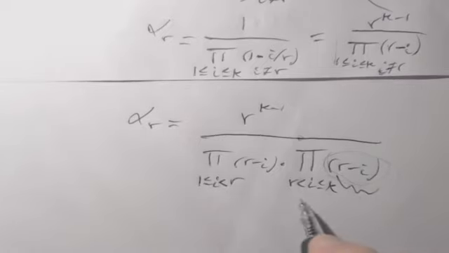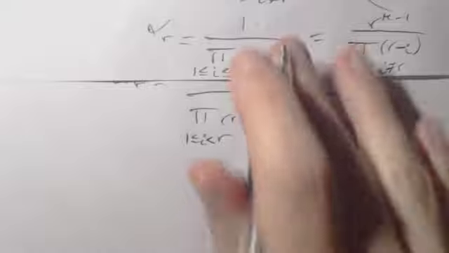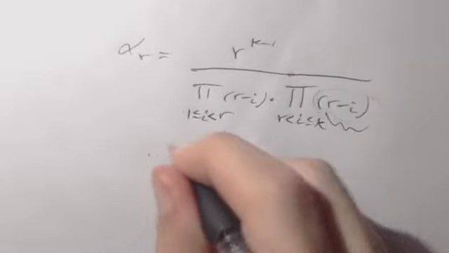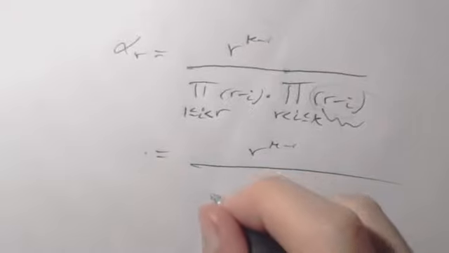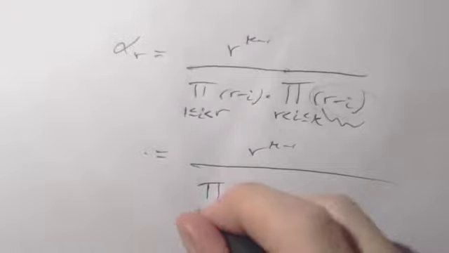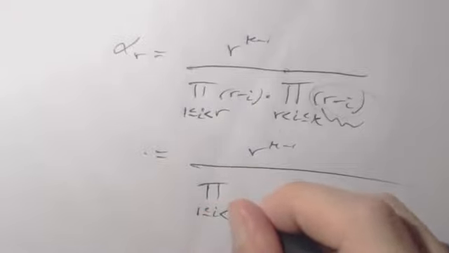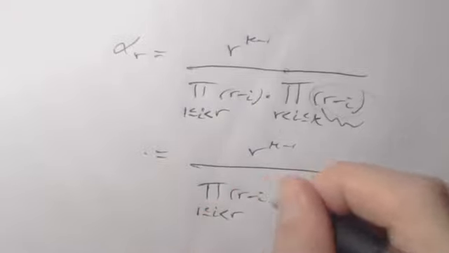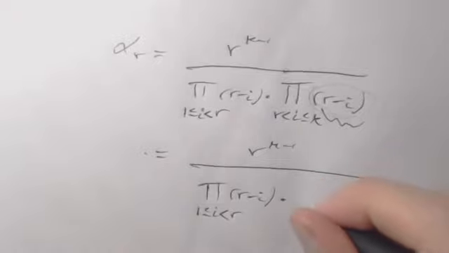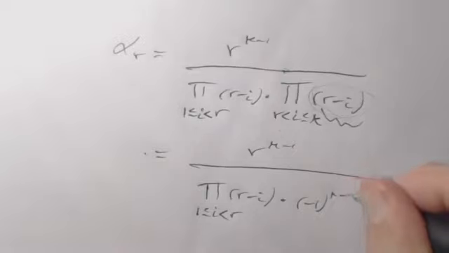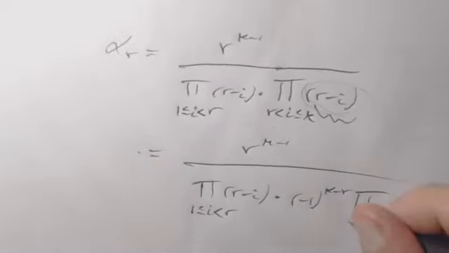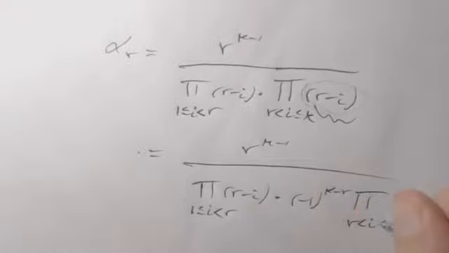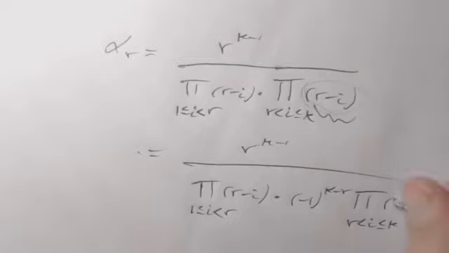So how many factors are in this product? k minus r factors. So this will be equal to r to the k minus 1 over the product for 1 less than or equal to i less than r of r minus i, times minus 1 to the k minus r, times the product for i bigger than r and i less than or equal to k of i minus r.